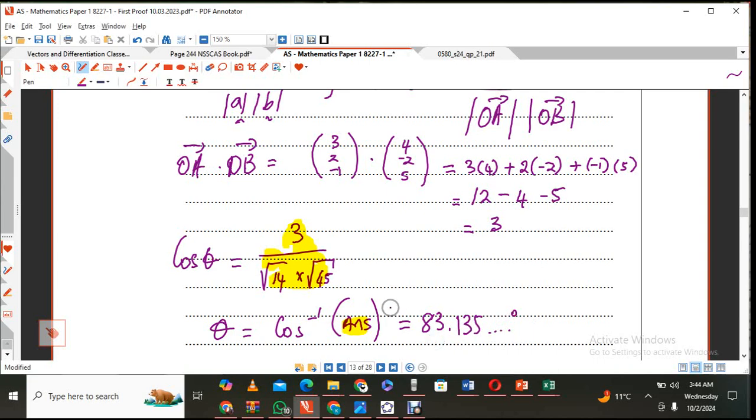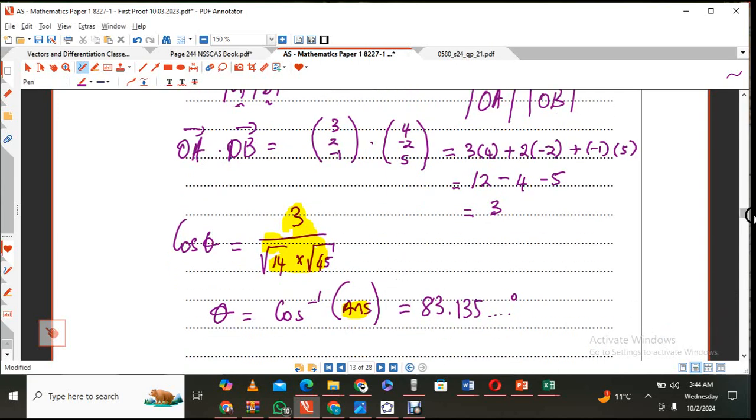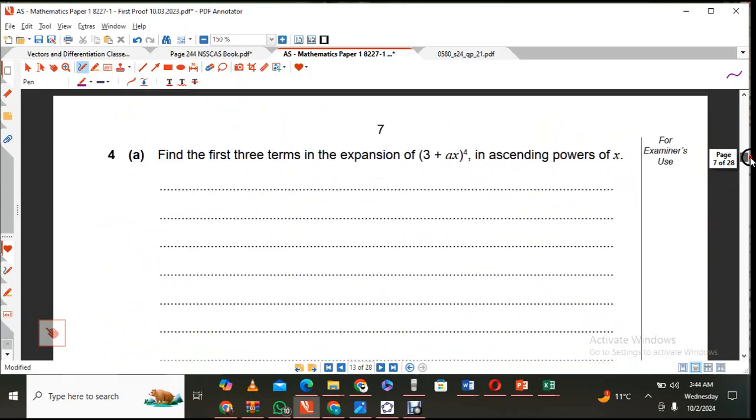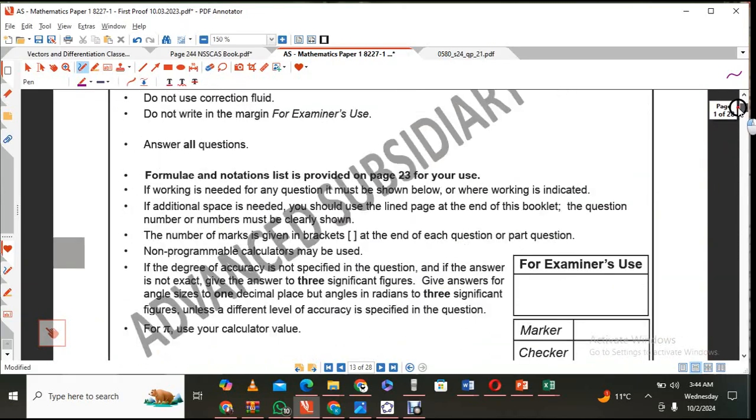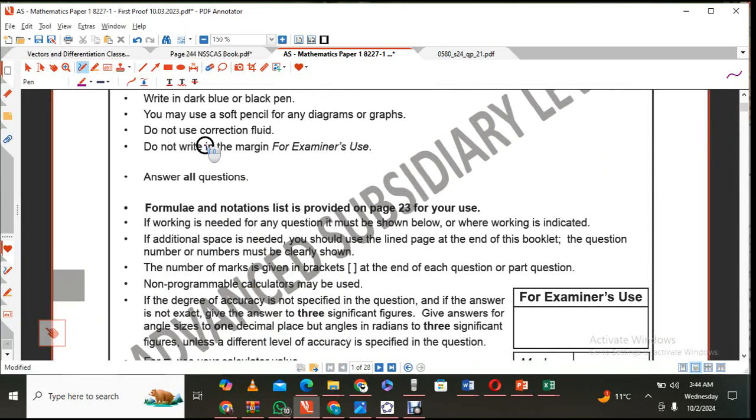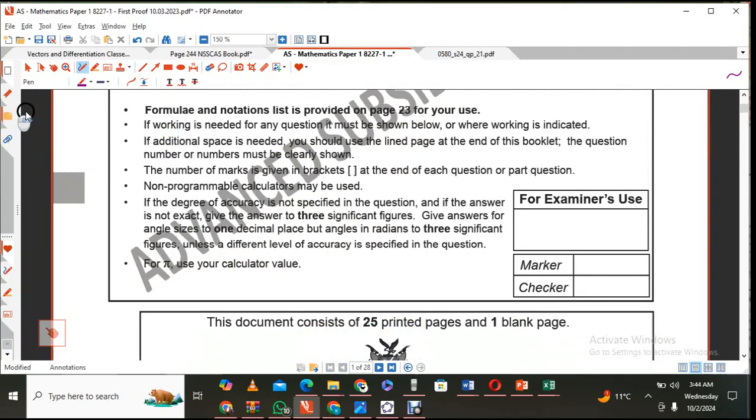So you are always told in front of this question paper, if your angles are in degrees, just go back to the instructions or information to candidates. Here they say, give answers for angle sizes to 1 decimal place. Okay, so these angles are in degrees, not radians.